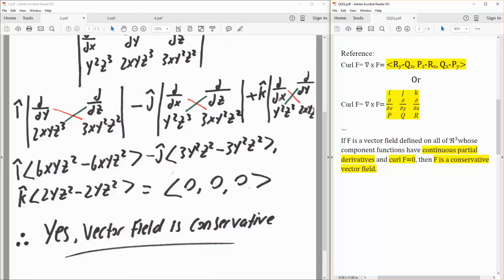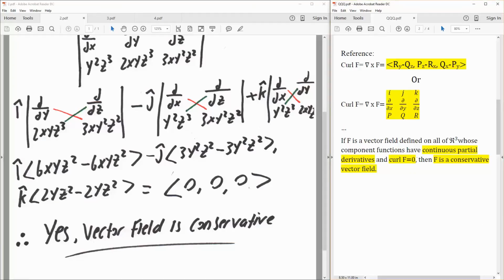Then we do k. So partial derivative in terms of x for 2xy z cubed, and that's going to be 2y z squared. Then minus partial derivative in terms of y for y squared z cubed, so we would get minus 2y z squared.